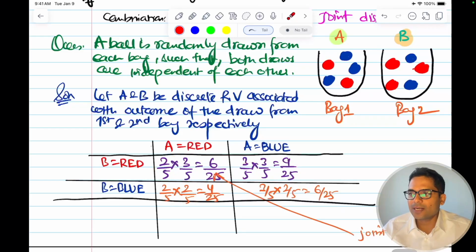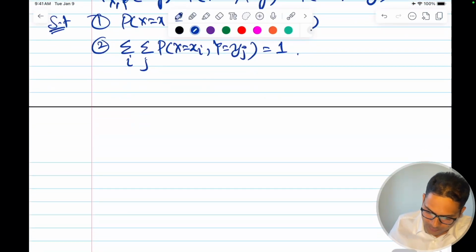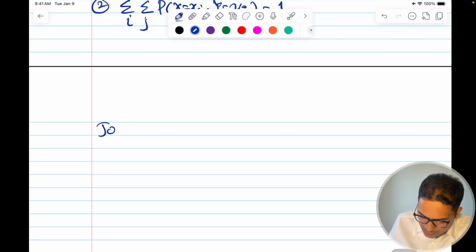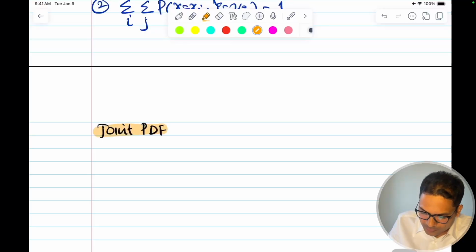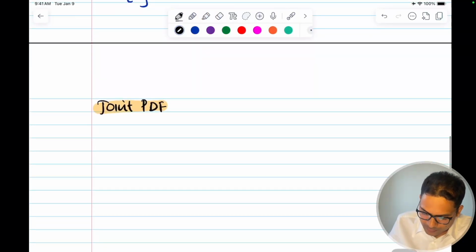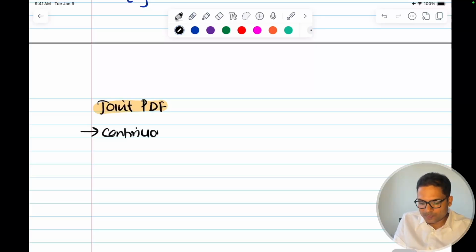Okay, so let me write down the joint PDF also. Let me use the black one. What will be the joint PDF? So this is for the continuous case.